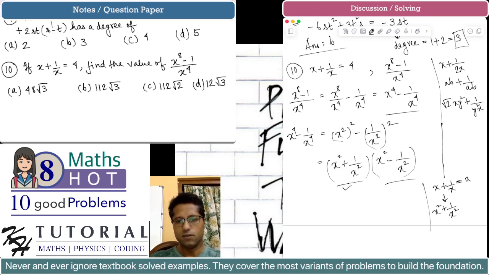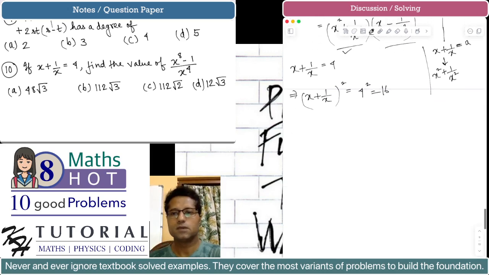So we know that we have x plus 1 by x is equal to 4. So this implies x plus 1 by x whole square, if I do square, is equal to 4 square, which is equal to 16. So if I take the square of x plus 1 by x whole square, applying the formula of a plus b whole square, it becomes x square plus 1 by x square plus 2 into ab, which will become 2.